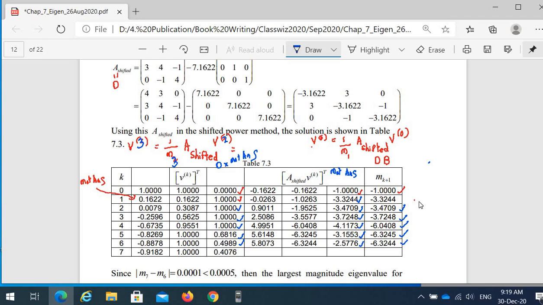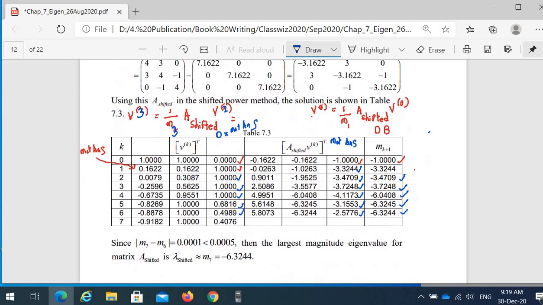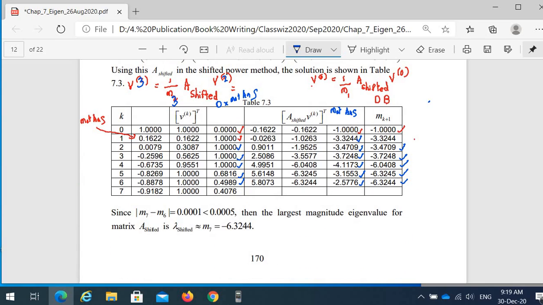Okay, now you see here, the last digit differs by 1. So it means your modulus of M7, this is because Mk plus 1, so this is 1, 2, 3, 4, 5, 6, 7. Modulus of M7 minus M6 is equal to 0.0001, which is less than the epsilon 0.0005.